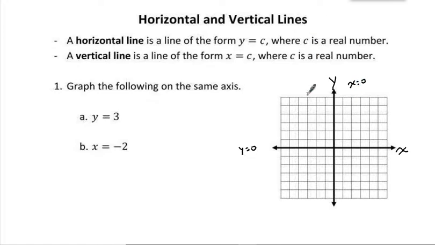The reason, let's look at the y-axis for example, the x-coordinate for any point along that line is 0 because I'm not moving to the right or left from the origin or from that axis. And similarly, on the x-axis, every point along that line has a y-coordinate of 0 because I didn't move away, up or down, to positive or negative y values. So y is 0 along that whole line.